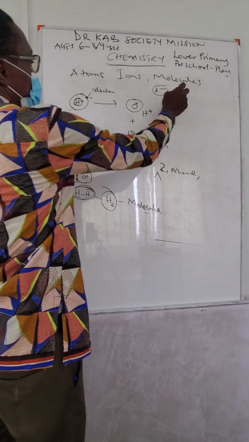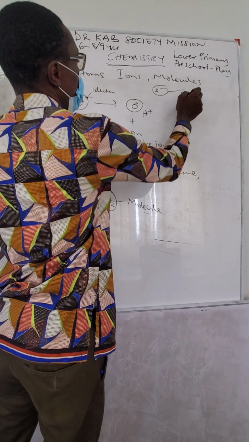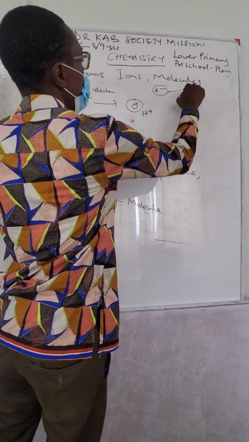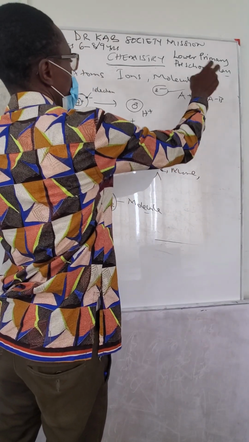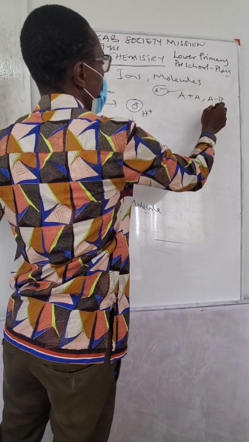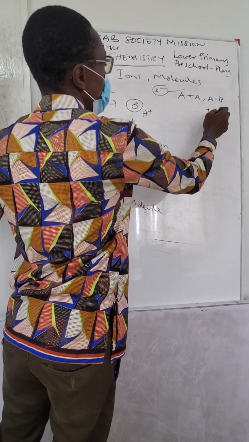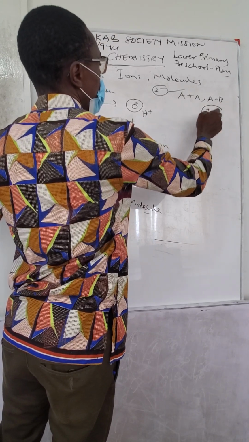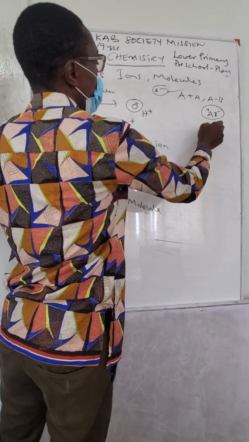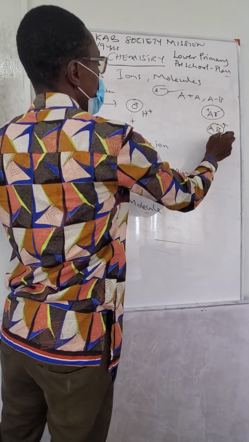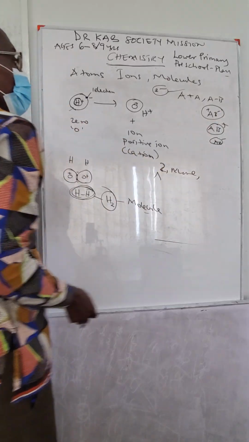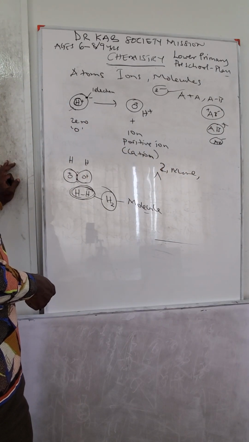So we have A linked to A, or A linked to B. They are all molecules. Some of these molecules will be charged. Then we have this one positive, this one negative. The whole thing may have positive charge, or the whole thing may have negative charge.